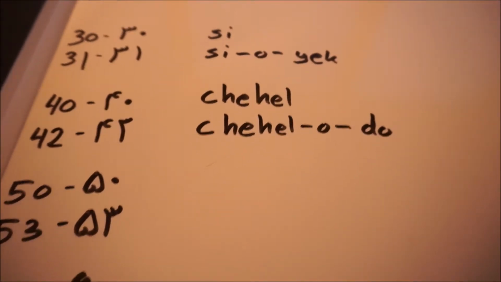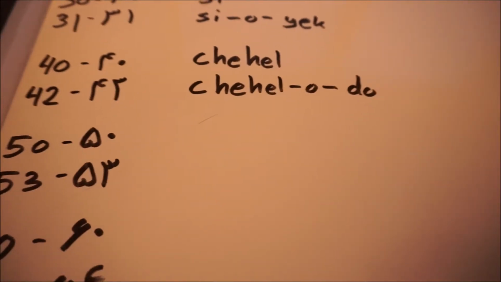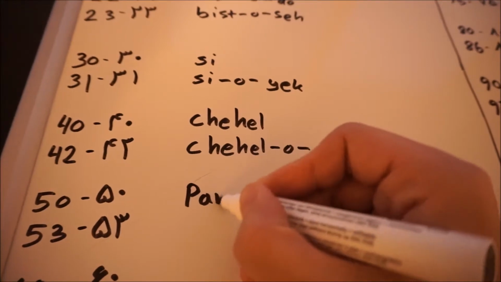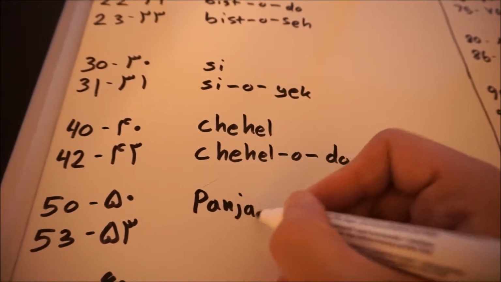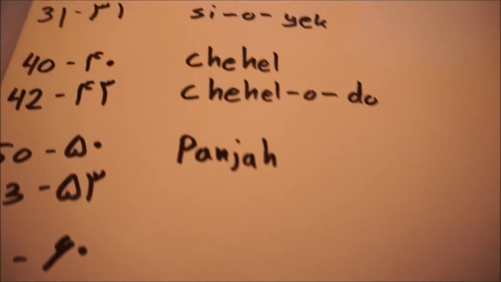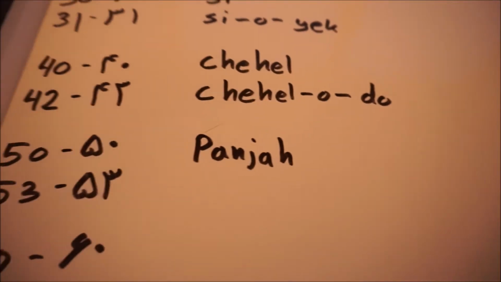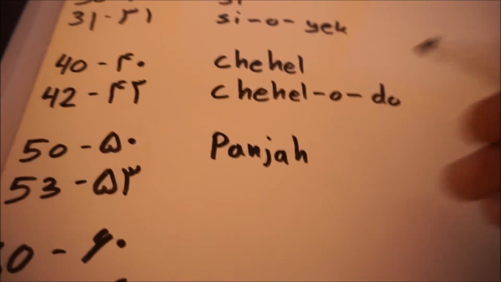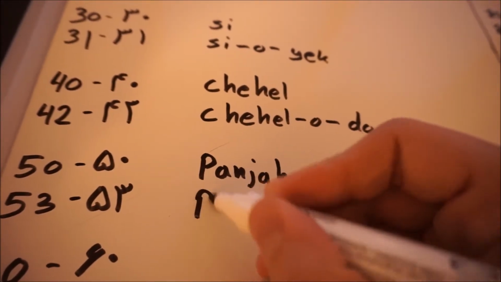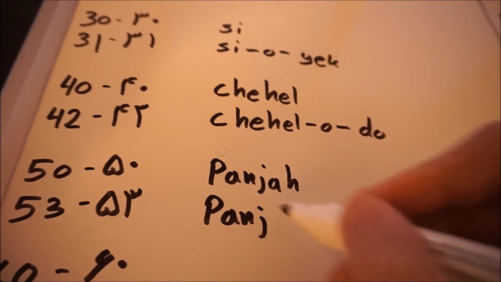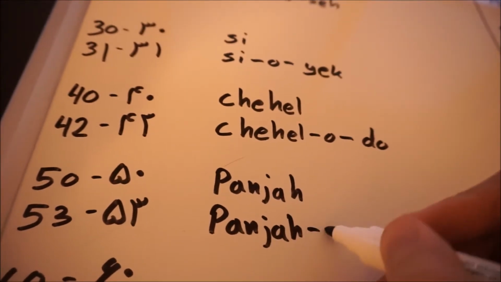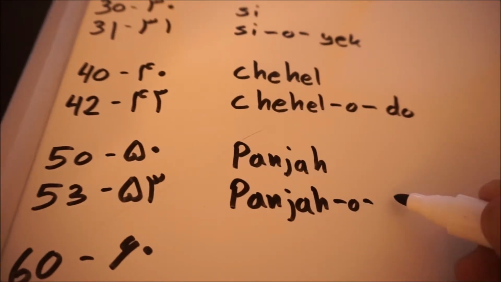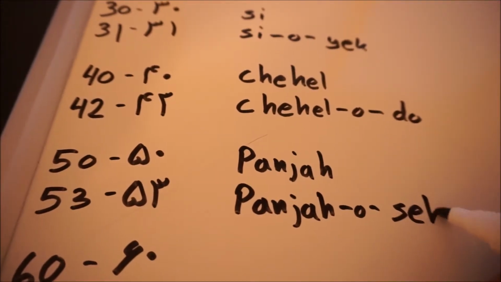And it continues down until you reach 50. And the word for 50 is panja. Again, pretty close to the word for 5, which was just panj. And we continue onward. So panja o, and since we want to do 53 here, it's panja o se.